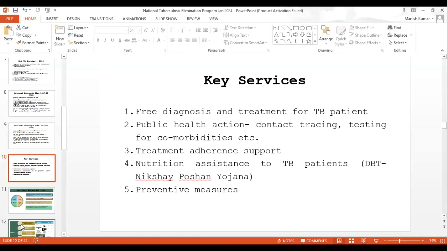Because in TB, drugs are given for a longer time, there should be treatment support. There is something called Nikshay Poshan Yojana, which we'll discuss in detail. Basically, it is about providing nutritional support to the patient, and then preventive measures.